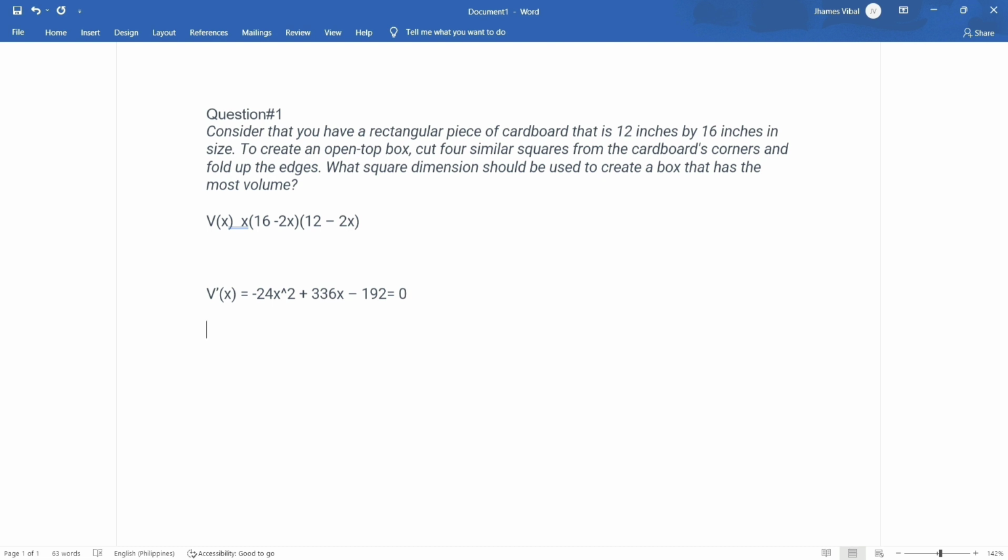Solving this equation, we get x = 1 inch, or x = 7/3 inches.